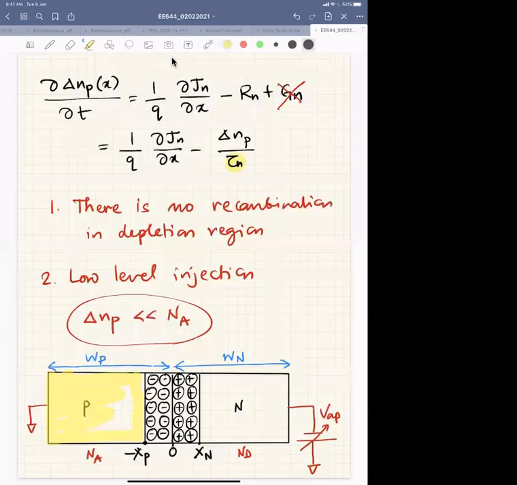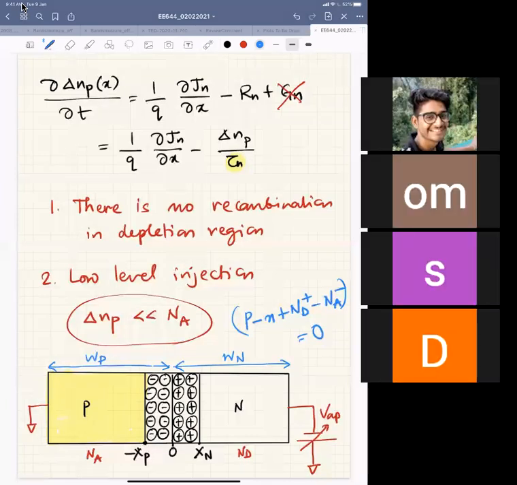What do you mean by charge neutral? Your total charge, which you could write as p minus n plus Nd plus minus Na minus, is zero. Charge neutral region means there is no electric field. When the total charge in this region is zero, that means the electric field will also be zero.